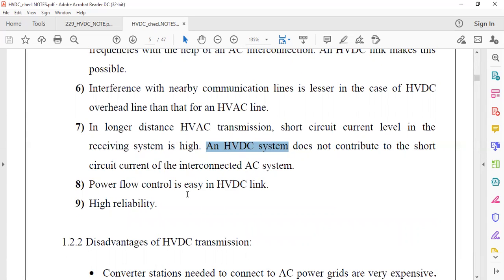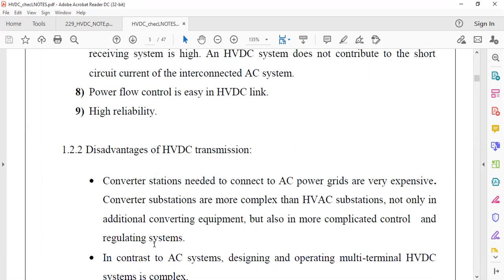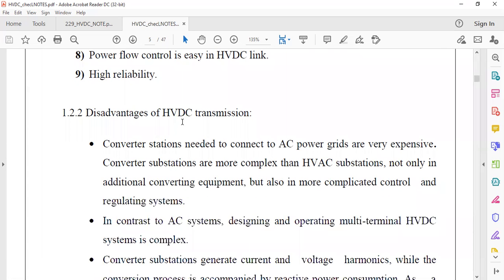So power flow control is easy in case of HVDC link, and the main advantage also is high reliability. We'll discuss that in the next class, right? There are some disadvantages in HVDC also.